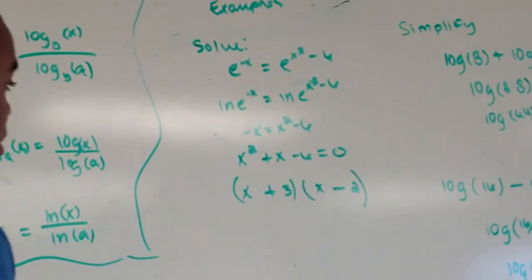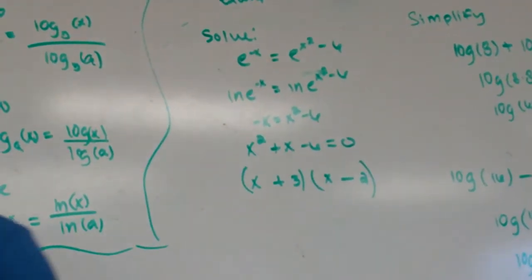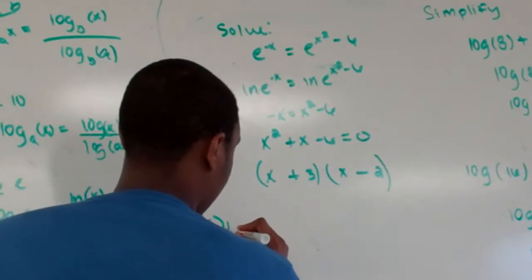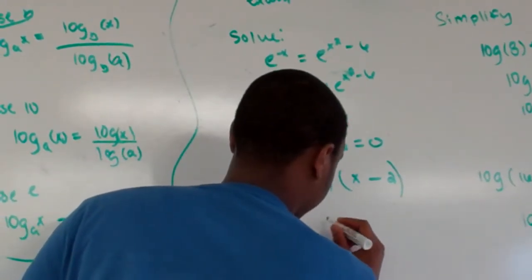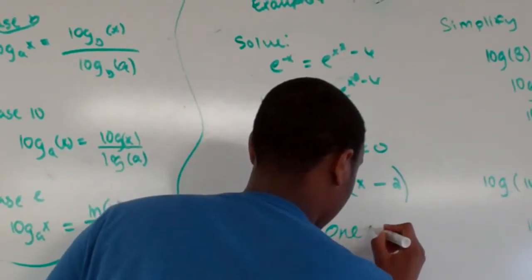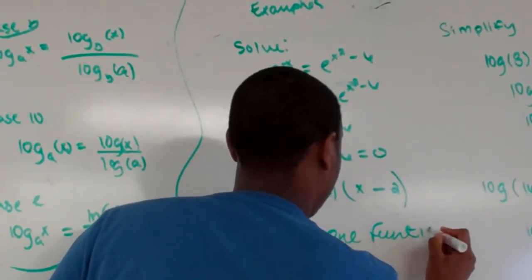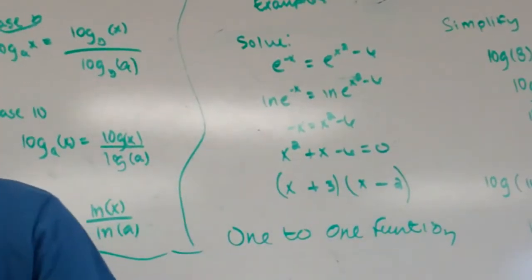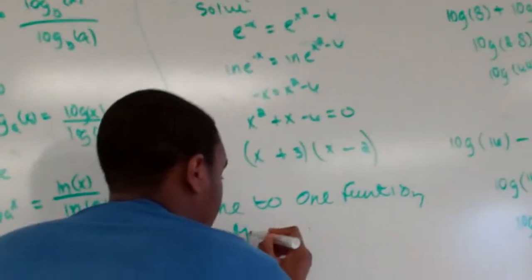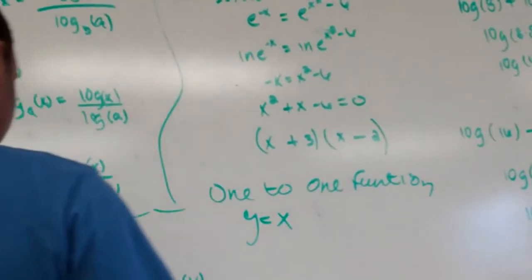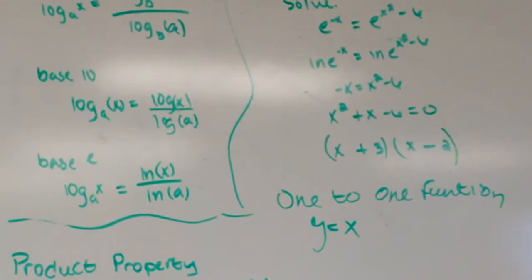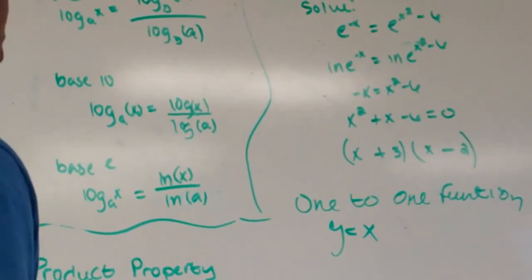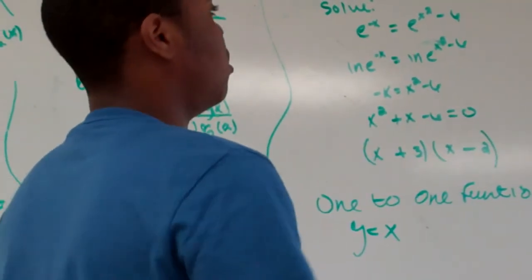In this case, x equals -3 or 2. And this gets us to our one-to-one function. For y equals x, for every value of y, it is the same value of x. So this is why we're able to do this.